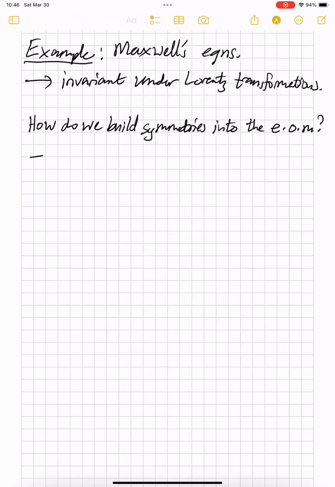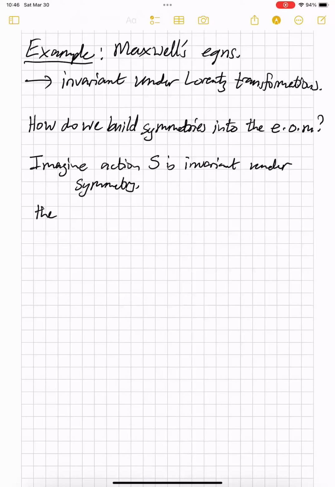So imagine that the action S is invariant under the symmetry. Then, if you have a minimum of S, then after the transformation, you still have a minimum.